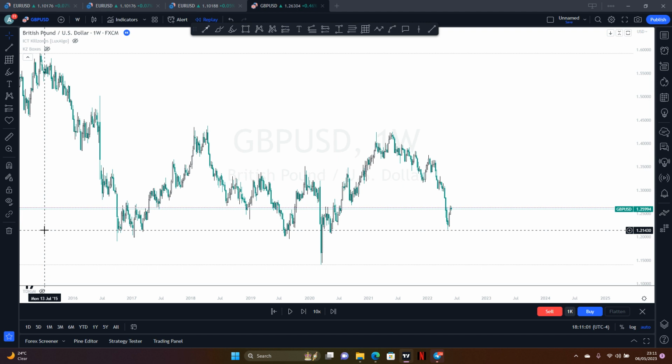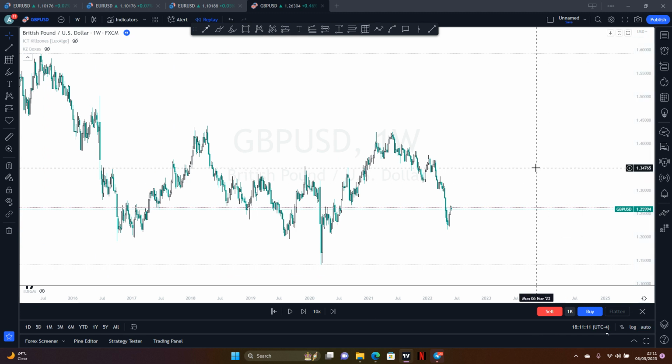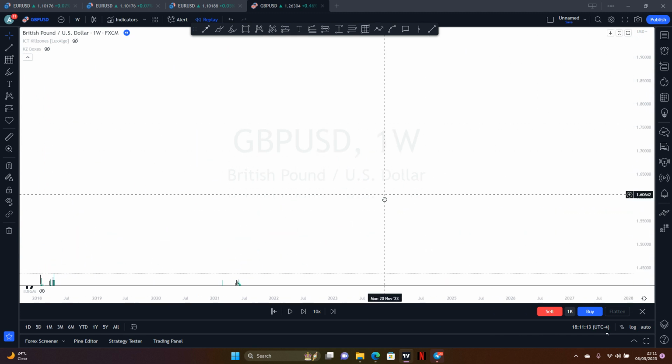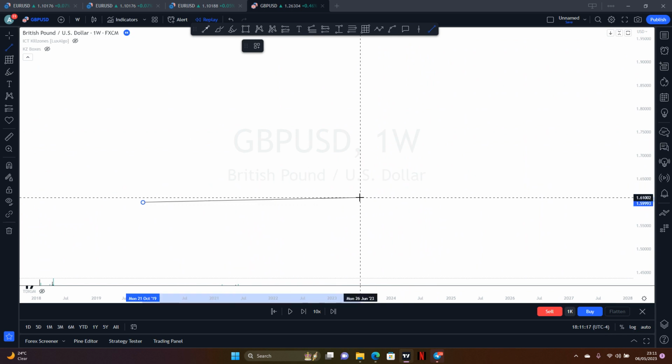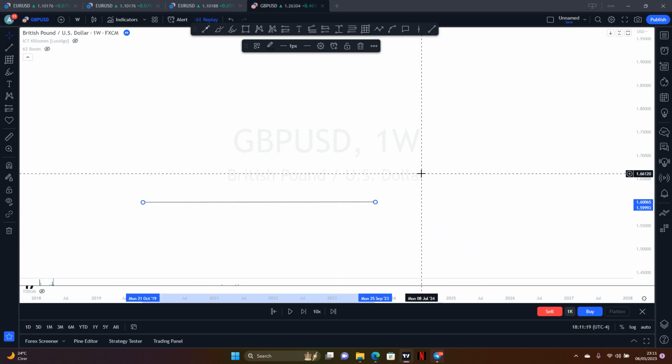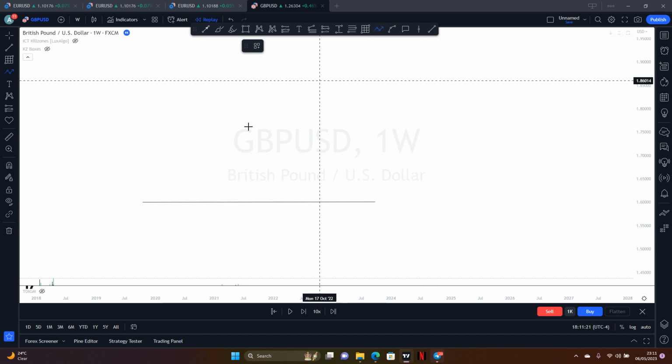And then the strength of that trend depends on how much liquidity price grabs. For example, if we have maybe, let's say, a previous year low right here, and then price comes in.